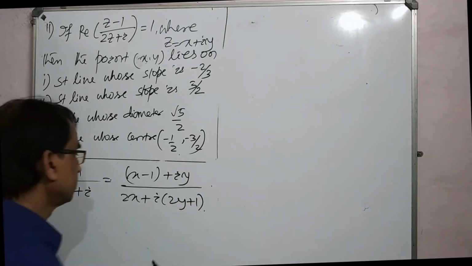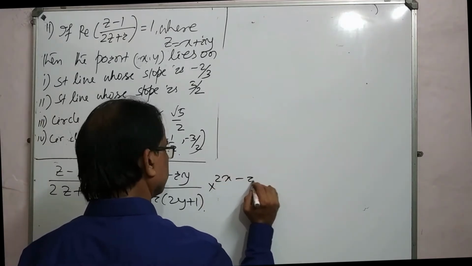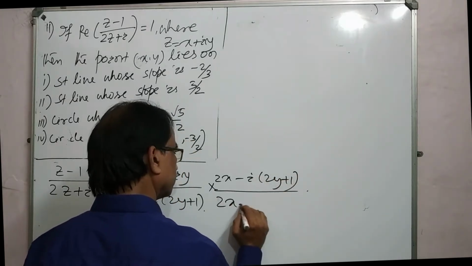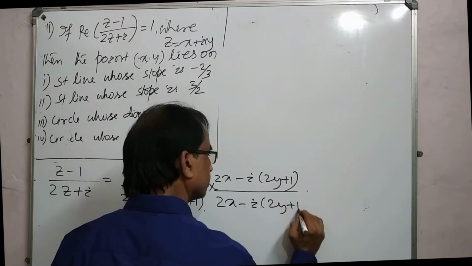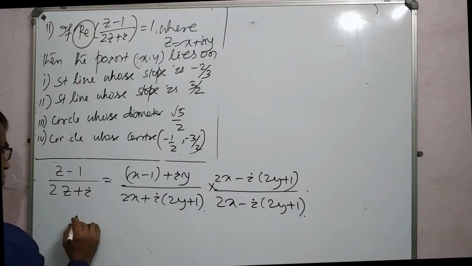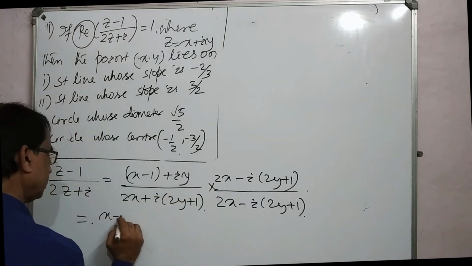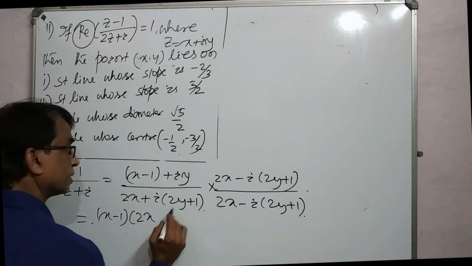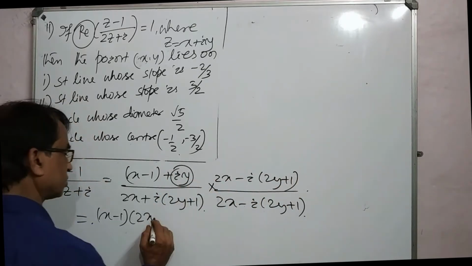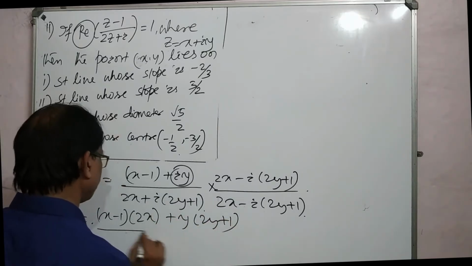looking at the denominator, we take the conjugate of the denominator. Now since the real part of this one is used, we are getting real into real, x minus 1 into 2x, and this part multiplied, I into I is I squared, minus 1, plus 1, that becomes y into 2y plus 1.